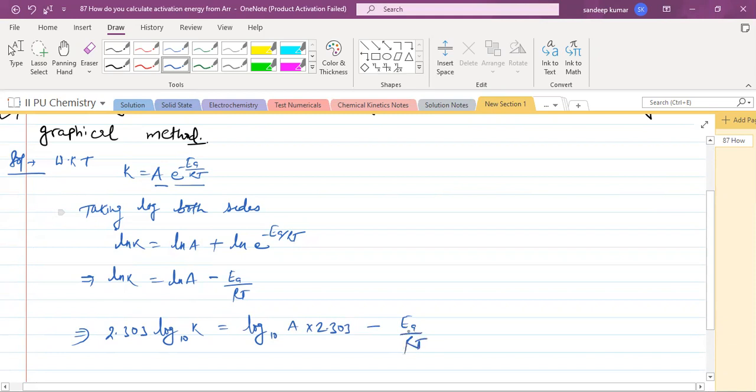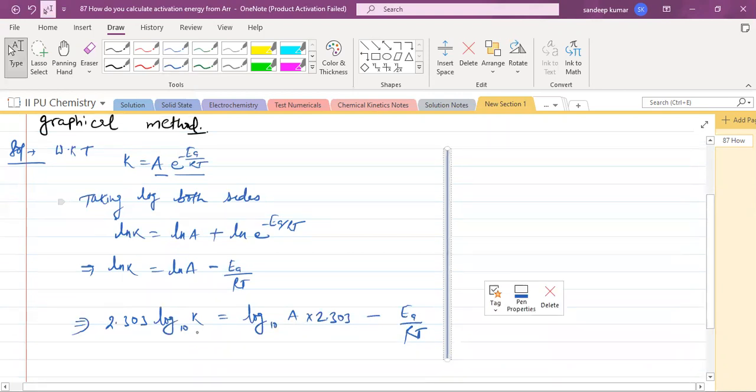Yes or no? Now, on solving, divide by 2.303 on the LHS and RHS.